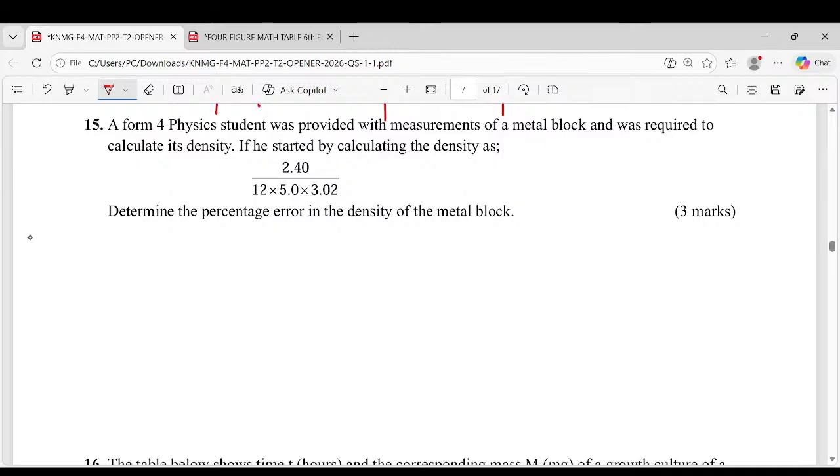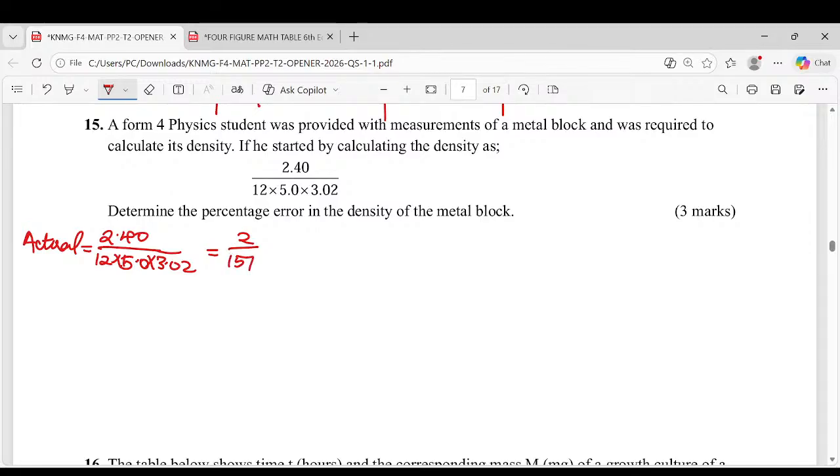First of all, let's get the actual density. It will be 2.40 over 12 times 5.0 times 3.02. When you solve, I'm getting it as 2 over 151.